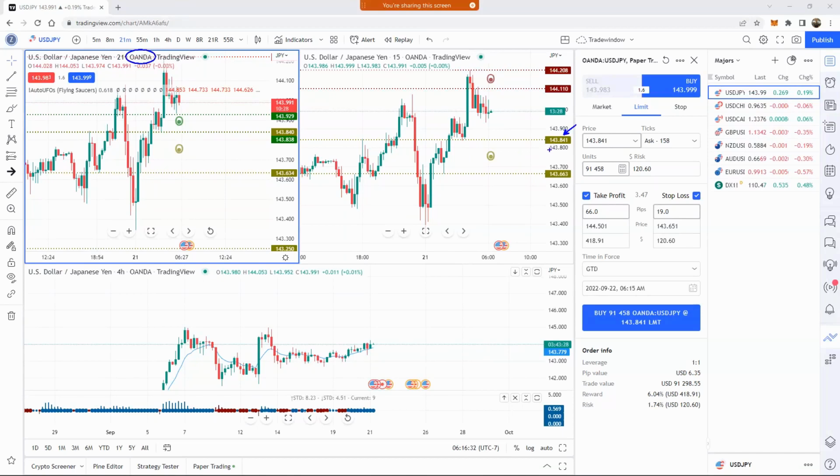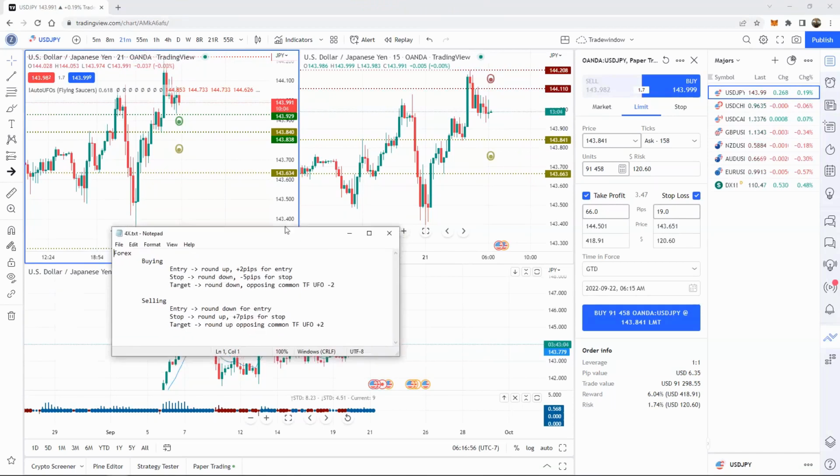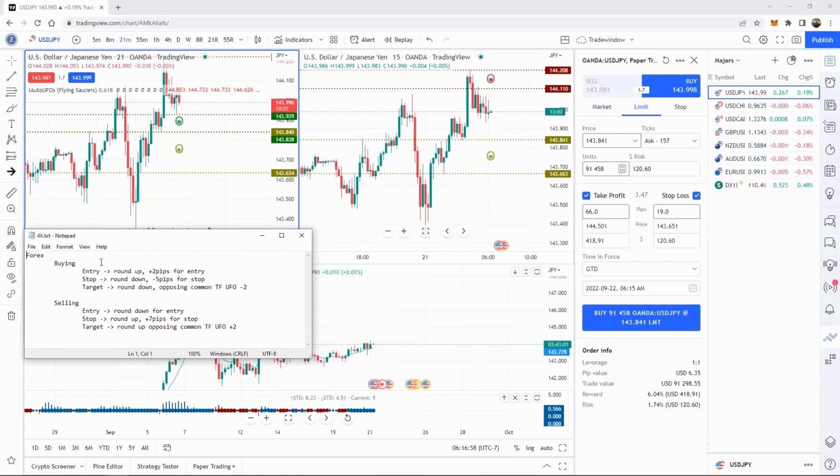So to account for that, and to account for the fact that Forex markets are decentralized, we utilize something of this scenario here, where whenever we're buying the entry, we're going to round it up and we're going to add 2 pips. When we're buying also our stop, we're going to round it down and we're going to add 5 pips for the stop.